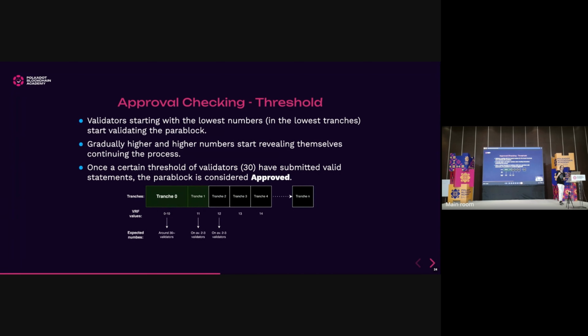We are good. My check is not necessary. And this happy path optimization is saving us the computation because not everyone has to rerun it. Not everyone has to recompute it. Only the small first subset, the small first tranches were enough to already give us enough confidence. And if you get 30, we know it is considered approved.